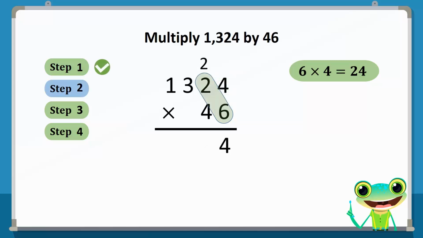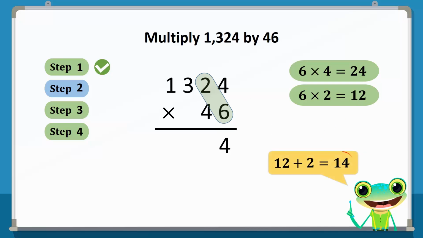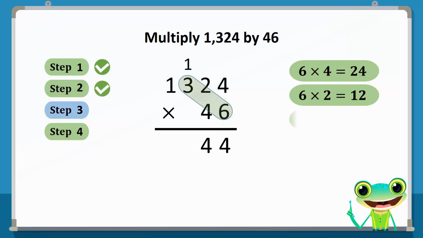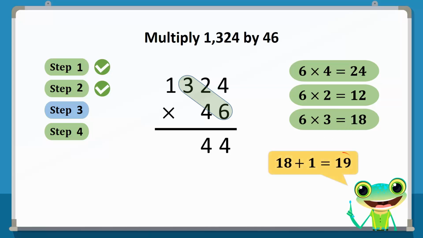For the second step, the product of 6 times 2 is 12, and adding 2 to the answer results in 14. Write 4 and carry over 1. In step 3, 6 times 3 results in 18. Adding 1 gives us 19.